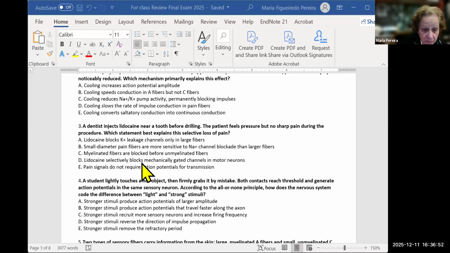Lidocaine selectively blocks mechanically gated channels? No. Small diameter pain fibers, this is repeated, right? We know that lidocaine is a sodium channel blocker. That's what this drug does.